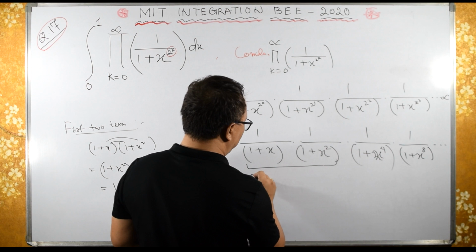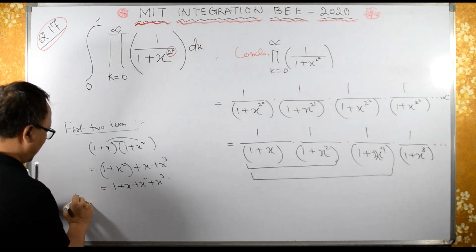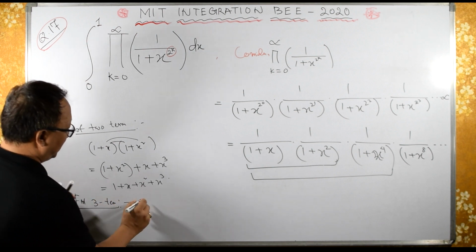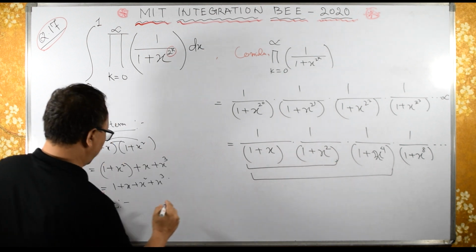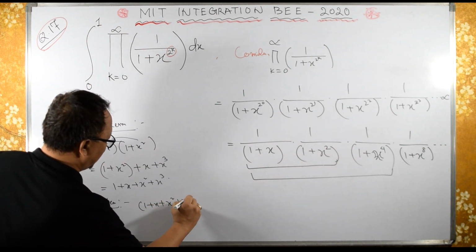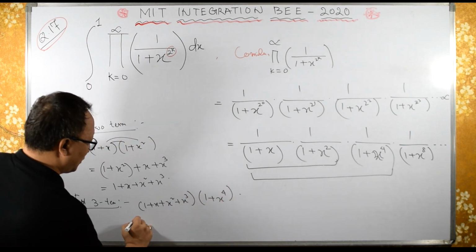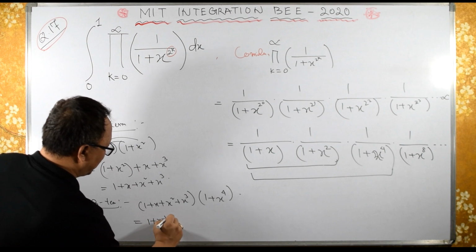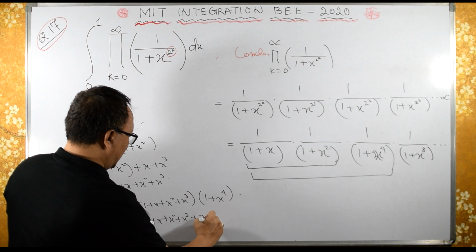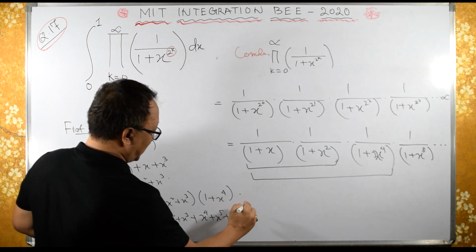Now if we consider the first three terms, then this will be multiplied by the next term. So here 1 plus x plus x square plus x cube into 1 plus x raised to 4. Here we'll get 1 plus x plus x square plus x cube plus, let's multiply this, x to the 4 plus x to the 5 plus x to the 6 plus x raised to 7.